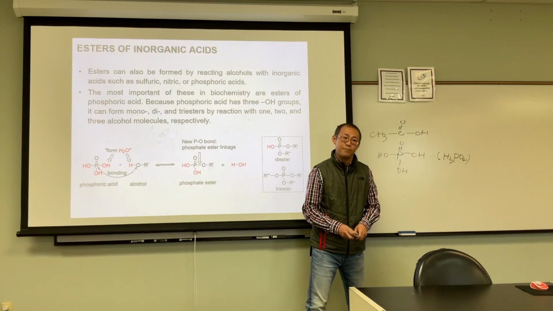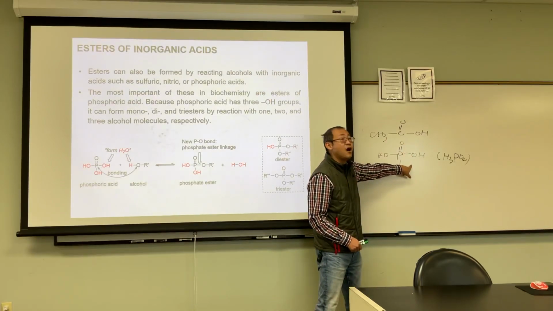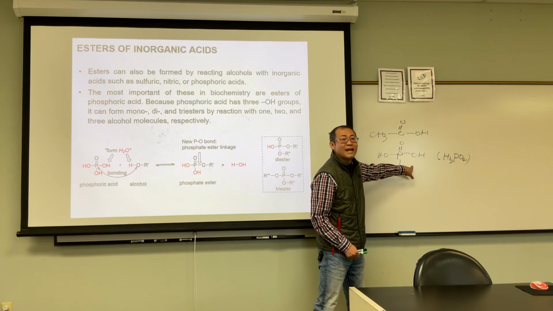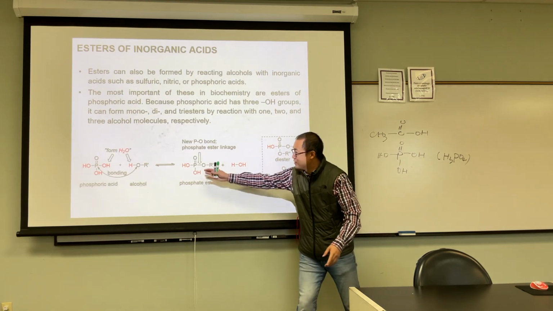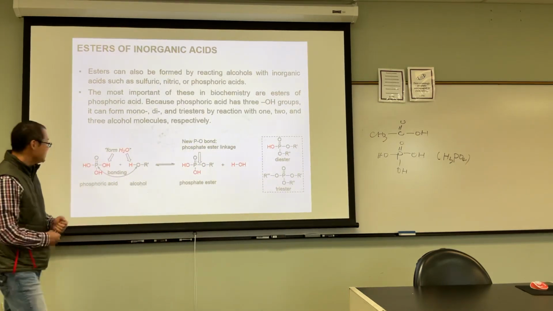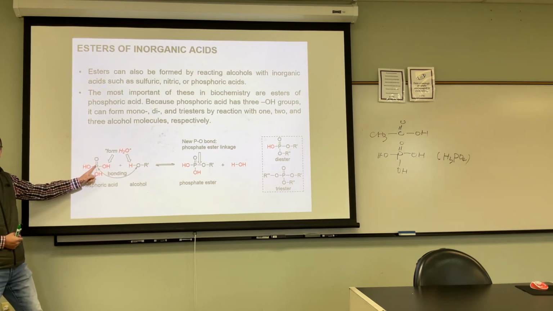But because they're similar, phosphoric acid can also make an ester bond with an alcohol. Here is the reaction. Take a look. Do you see something very similar? Phosphoric acid is what?